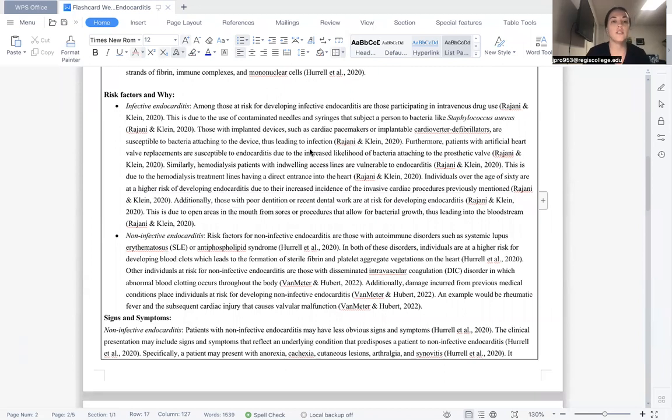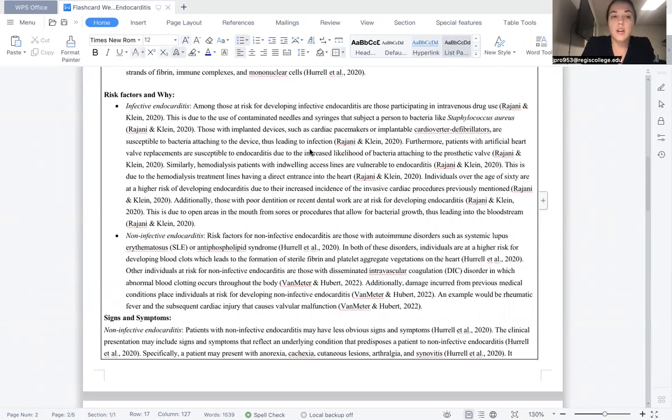So for the risk factors of infective endocarditis, we most commonly see it in those who are participating in intravenous drug use. That's because they are using contaminated needles and syringes, and that subjects a person to bacteria such as Staphylococcus aureus.